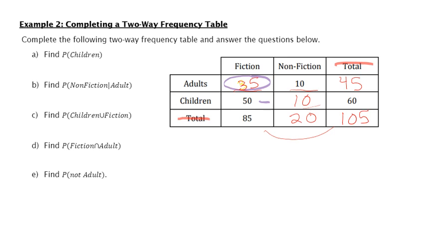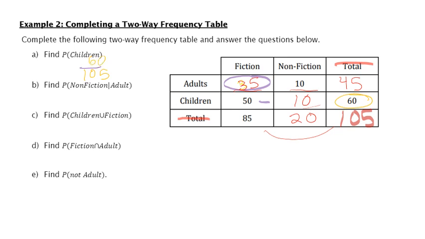Now we can go ahead and calculate all of our probabilities like we did before. So probability that the person you chose is a child. Our sample size for this is 105, so that's going to be our denominator. And of that, how many are children? There's 60 children.